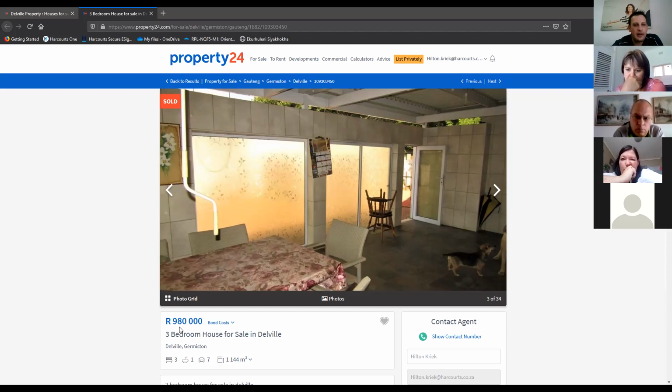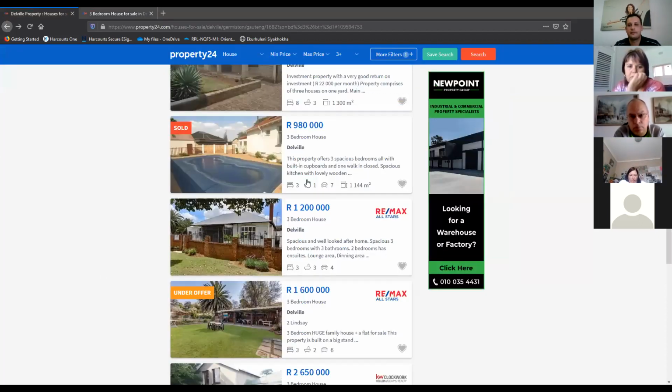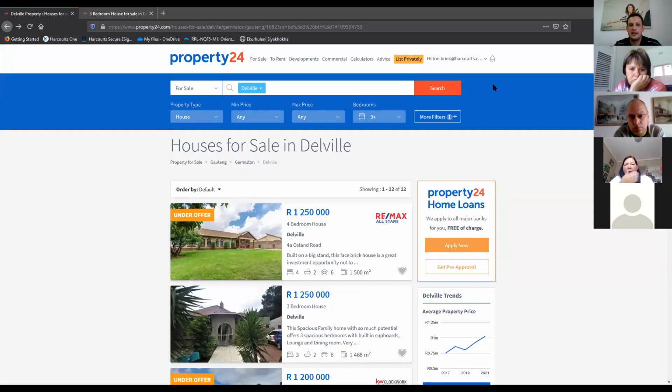Correct me if I'm wrong, but I don't think there's another area past Delville with residential homes at this price range that I can compare with. Because if I go south? Germiston South, we can have a look. So we can do that.